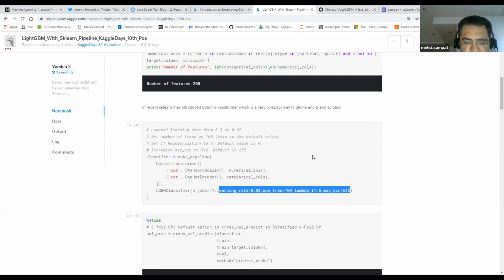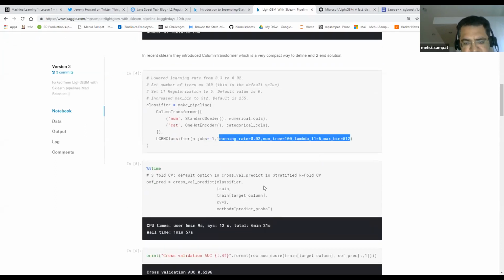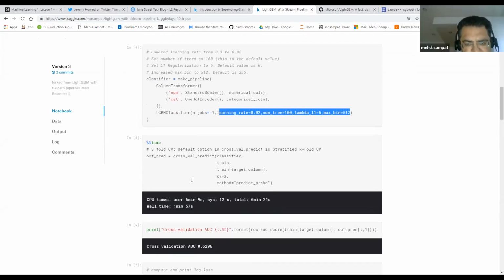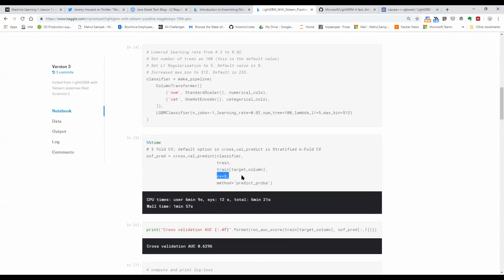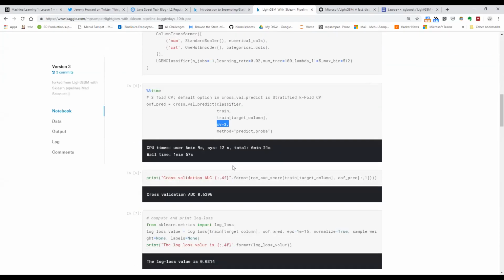One other thing we did is we used cross validation. We played a little bit with threefold and fivefold cross validation, and oh yeah, this was critical.